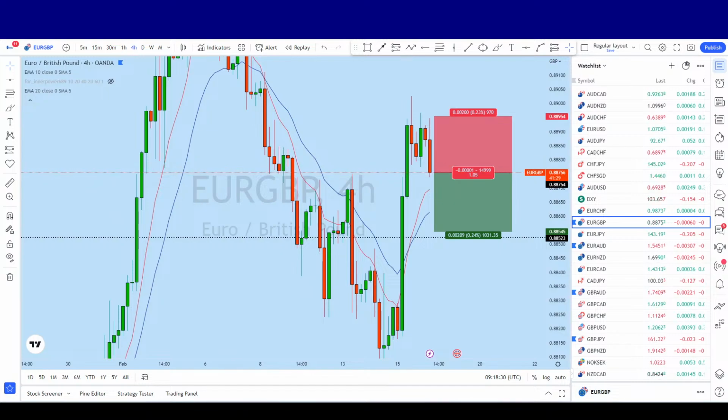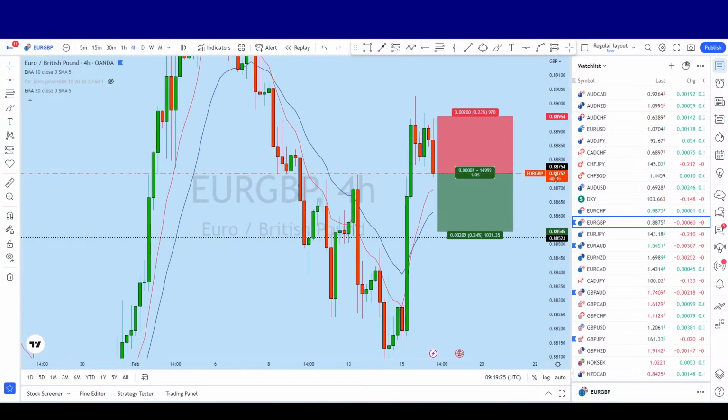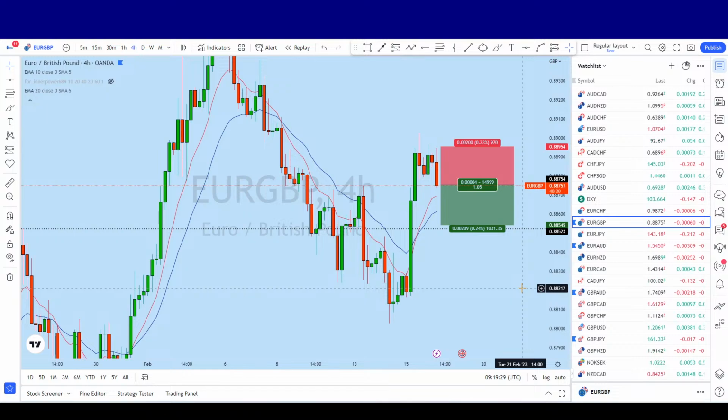So Euro GBP, the euro looks weaker. Now Euro GBP, if you closely look, this is a 1-to-1, but it's a probability.